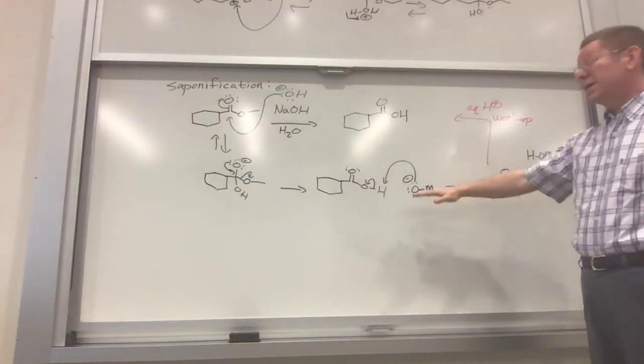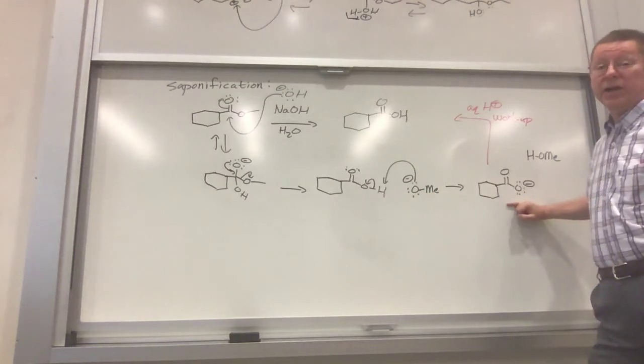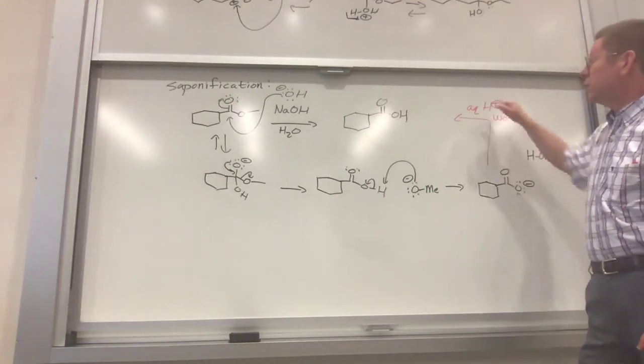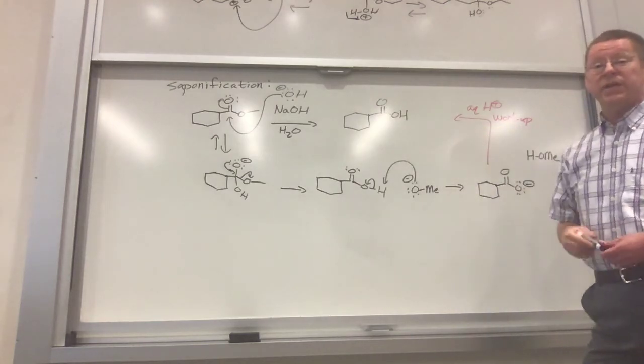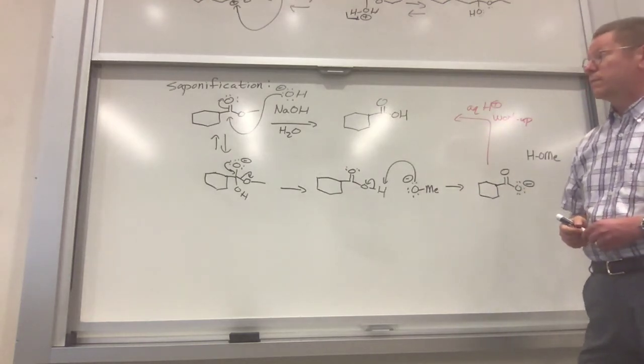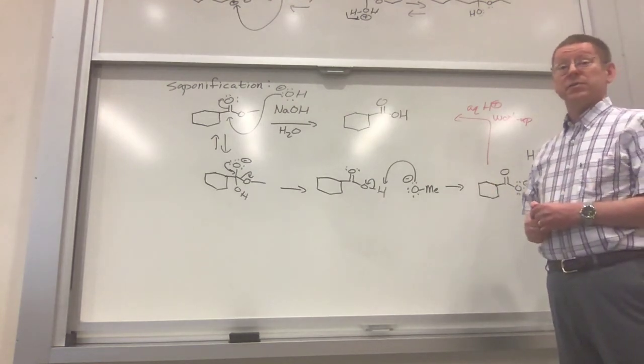So do note, initially, we're forming a carboxylate. It's only after we do our workup that we form our carboxylic acid. And that is really all there is to saponification.